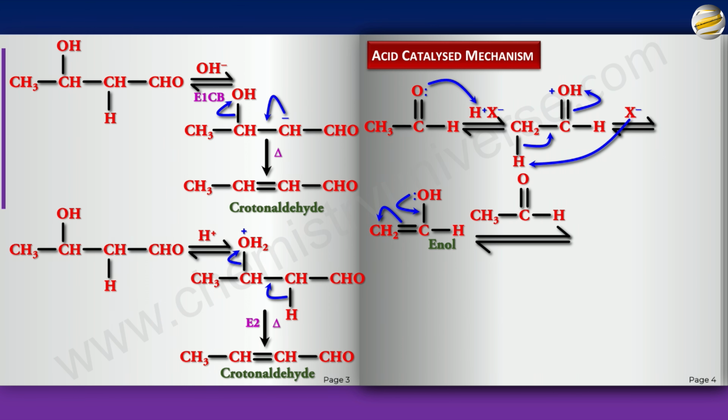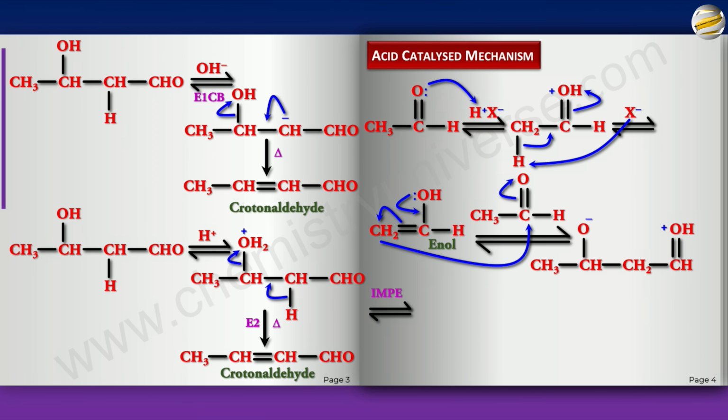Carbon is a nucleophile. The other aldehyde's carbonyl carbon will act as an electrophile, and this will go here, this will go up, and you will find this happening. And then, of course, you have this intramolecular proton exchange and you get the beta hydroxyaldehyde.